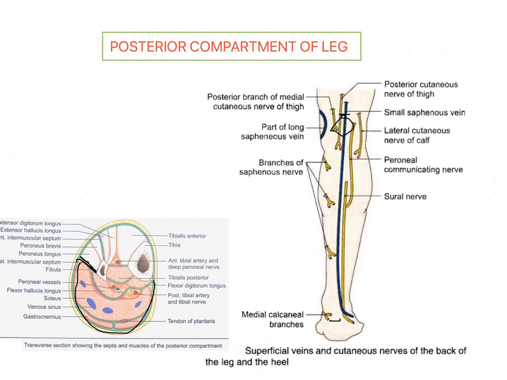Some of the fascial extensions which are dividing this posterior compartment are the superficial transverse septum and the deep transverse septum.